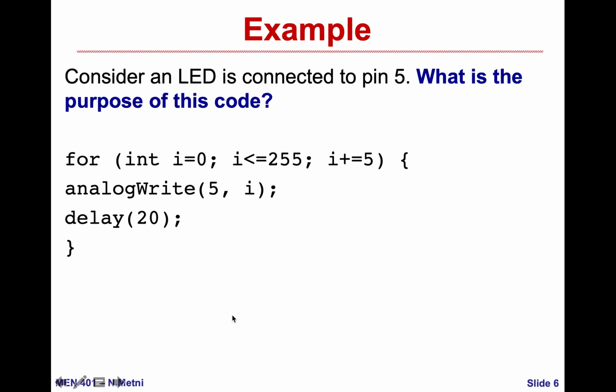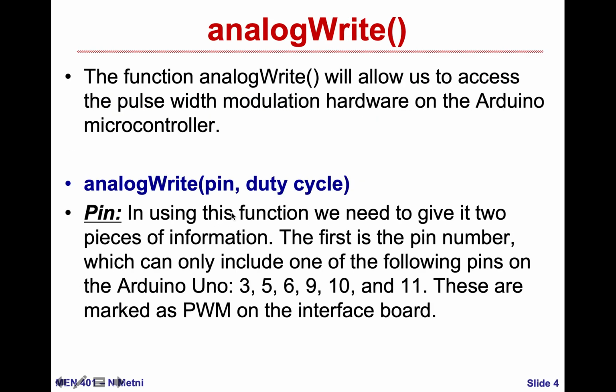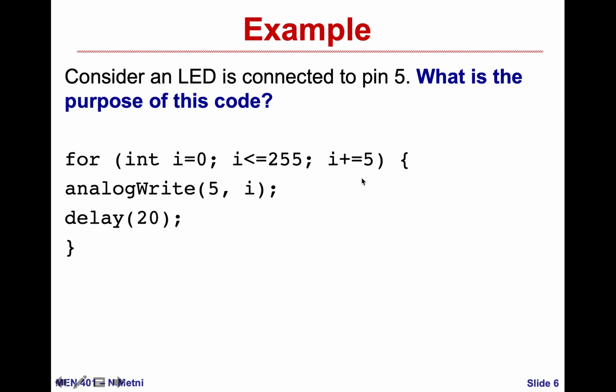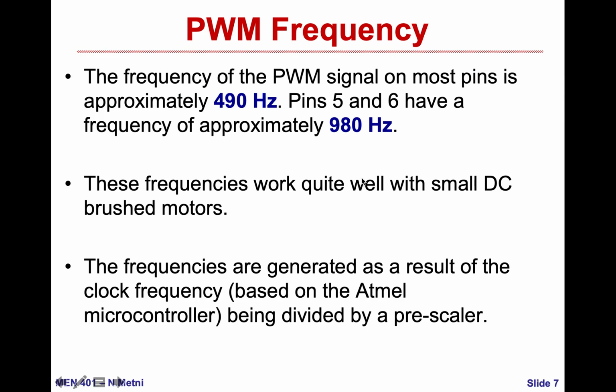We talked about the duty cycle in analogWrite, but not about the frequency. Unfortunately, or maybe fortunately for some, the frequencies are fixed in an Arduino. We will see later when we go into timers that these can be changed, but we have to go deep into the Atmel microcontroller.